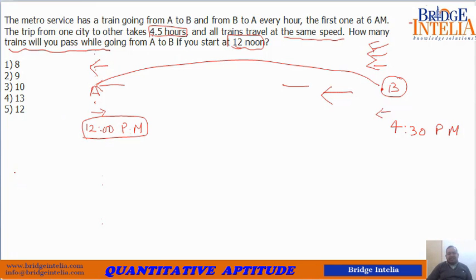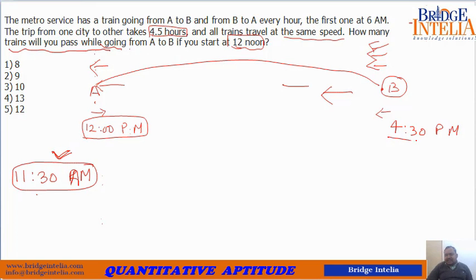The last train to reach here must have reached at 11:30, sorry, 11:30 a.m. This was the last train that reached this station, and 30 minutes later you are leaving. So this train will not be counted, because it is written that you will see trains while going.